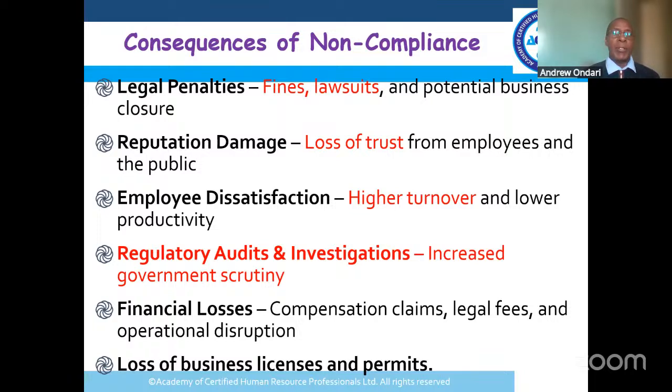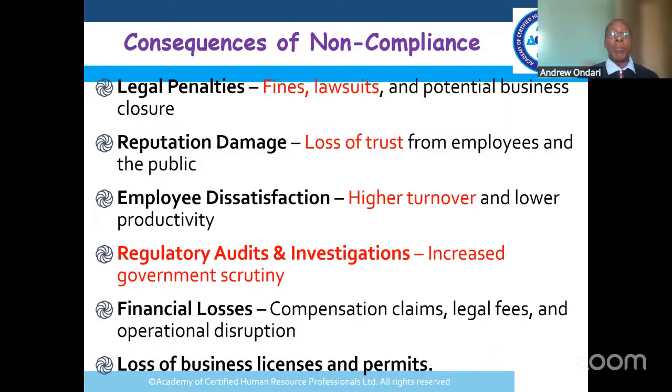Then the other aspect of penalty is lawsuits, where employees go to court to seek legal redress. Lawsuits are again expensive in terms of time and money. I am sure those of us in the HR department have found ourselves in the corridors of courts trying to defend the organization for what they did.